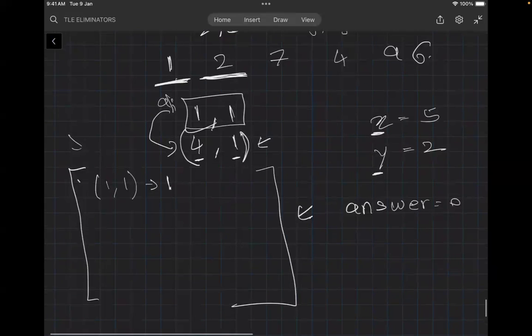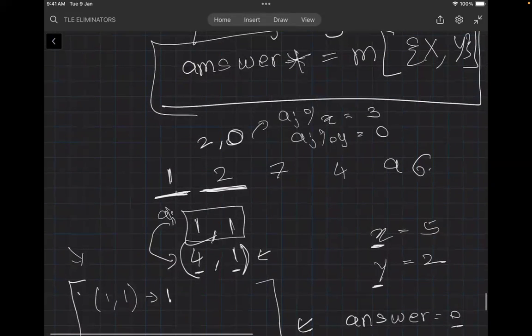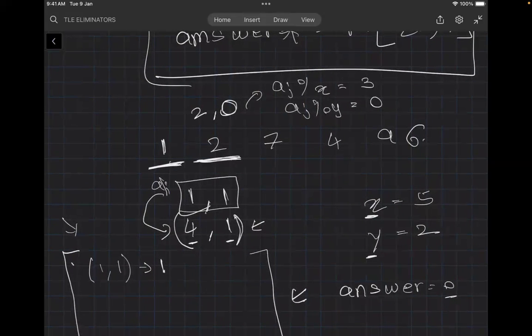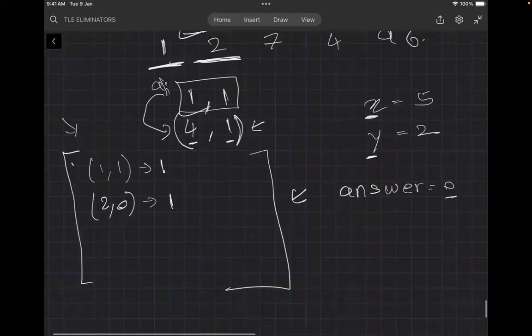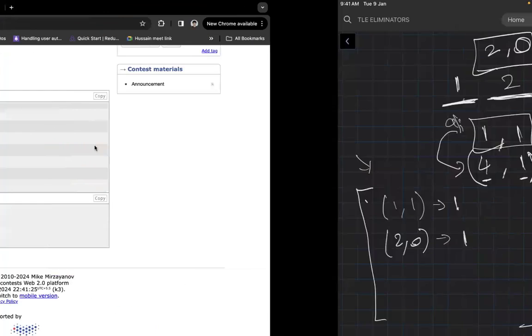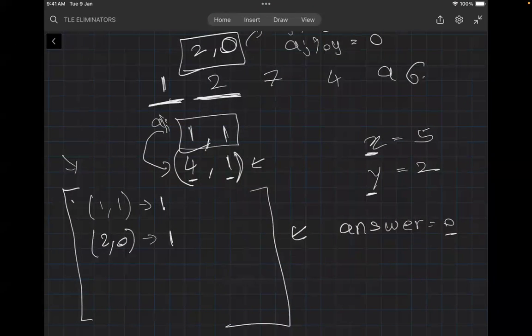Can I see anything in this map such that 3, 0 exists? No, right? So the answer remains 0. And before moving on to the next index, I will take 2, 0 and do plus plus. Initially it was 0, so I'll put it as 1. So this is the approach that we are going to use.